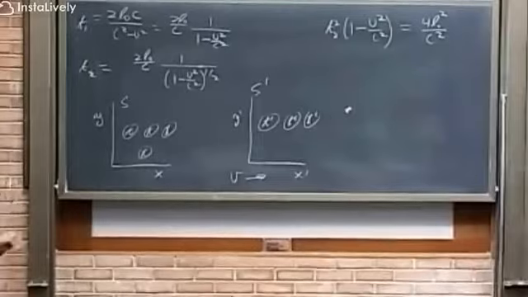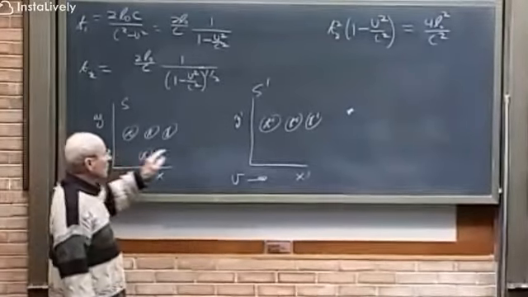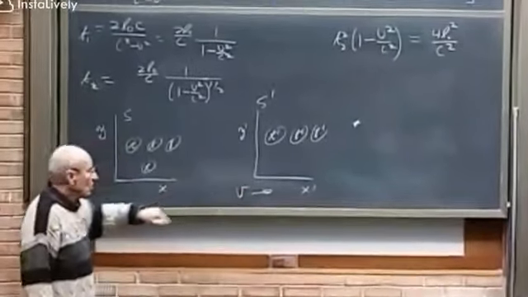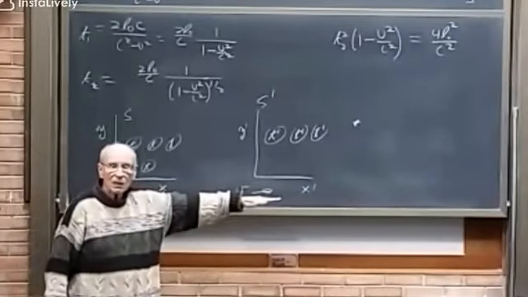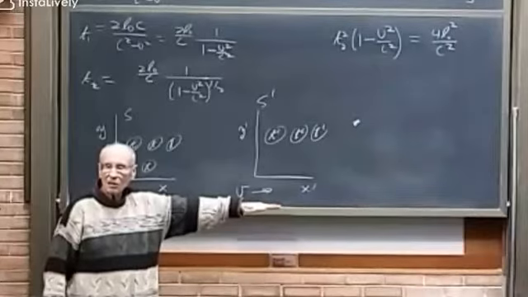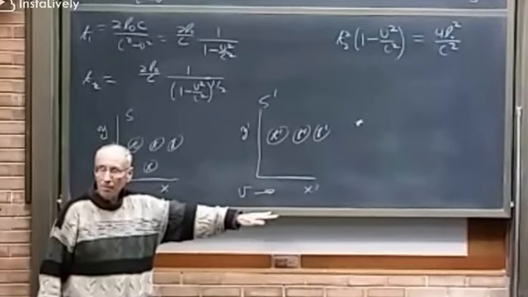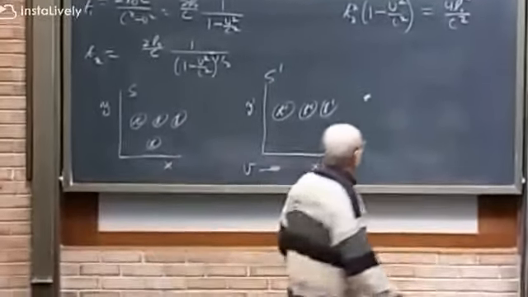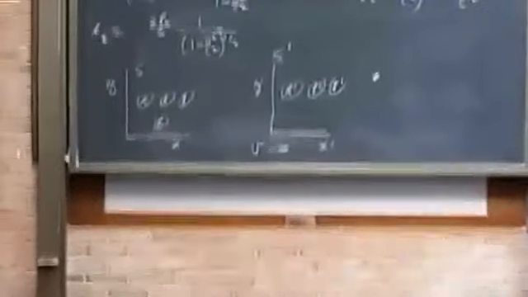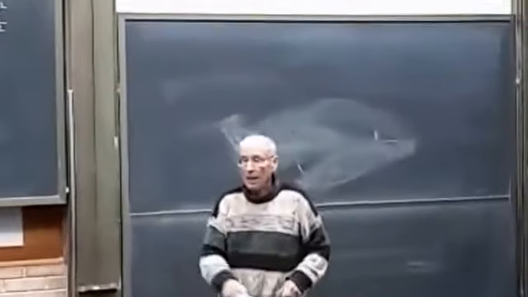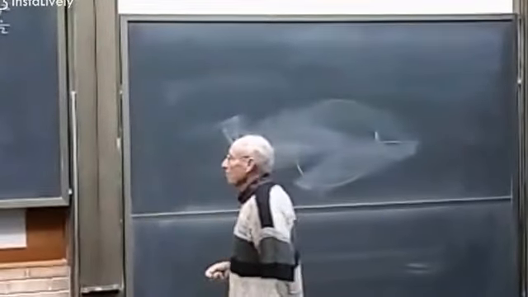So, at time t equals 0, time t prime equals 0, the origins are here, and S prime is moving down the positive x-axis with speed v. And what is the relation between what S prime uses to describe the event up there and S uses?